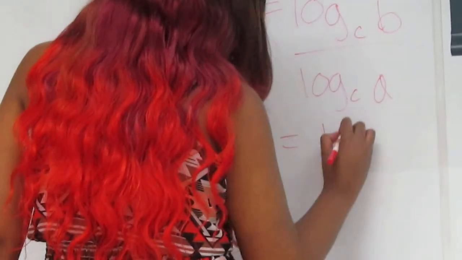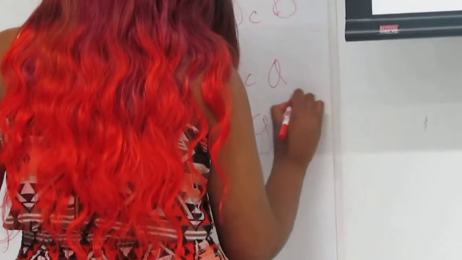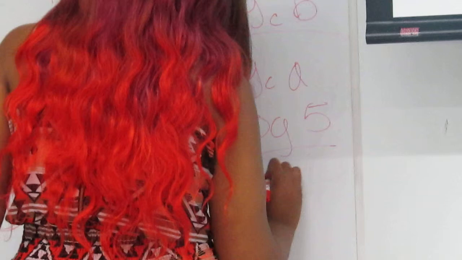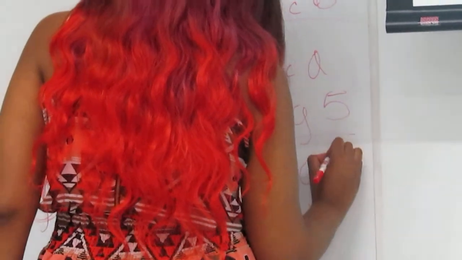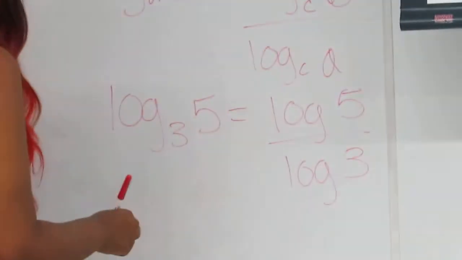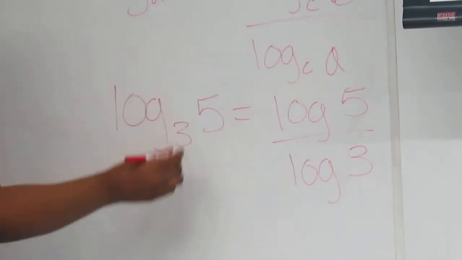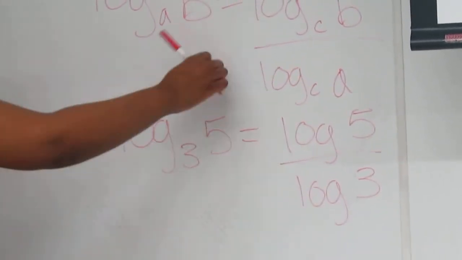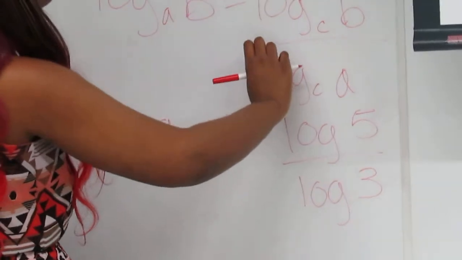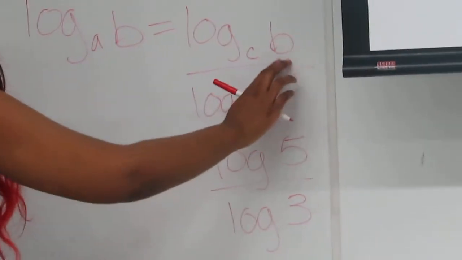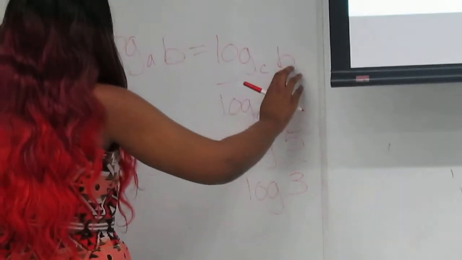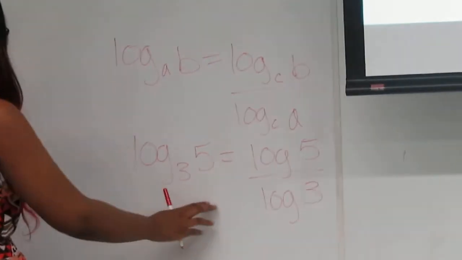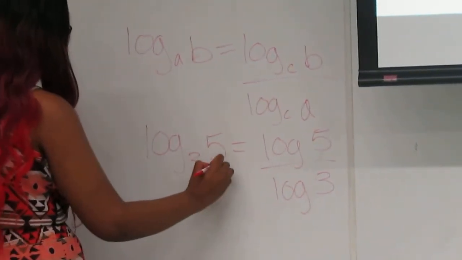And this would be log 5 over log 3. If you look here, the rule states you have to use the log for b, and b for the equation given will be 5.